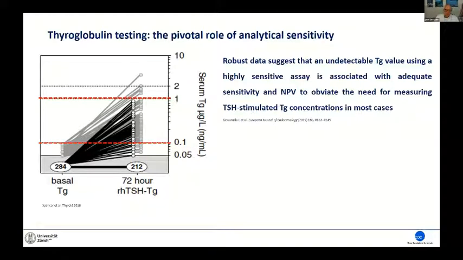And this is, of course, money saving and much more comfortable for our patients.